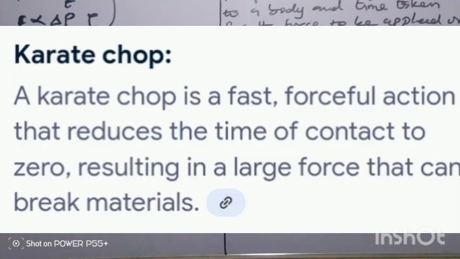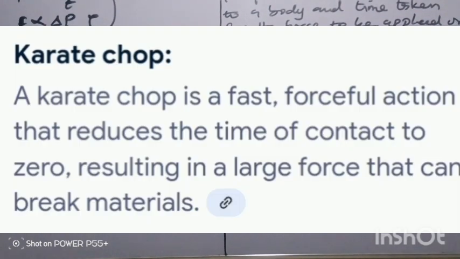Next is a karate chop. As we know, a karate chop is a fast, forceful action. Because it is a fast, forceful action, it reduces the time of contact to almost 0.